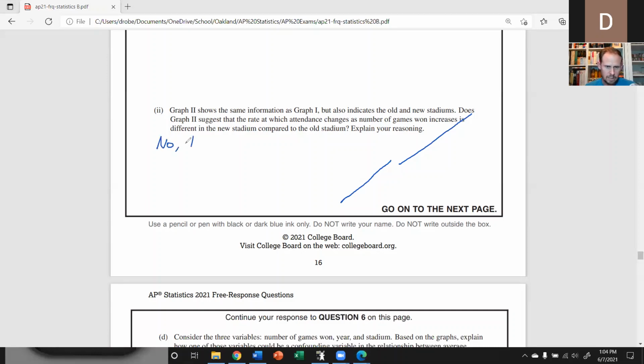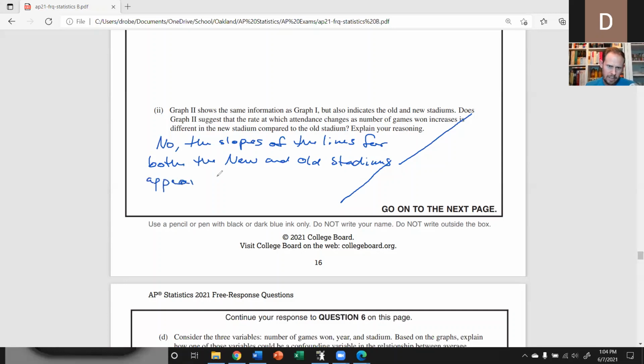No. The slopes of the lines for both the new and old stadiums appear to be the same. There's my reasoning. The slopes are the same, so doesn't look like there's any difference.